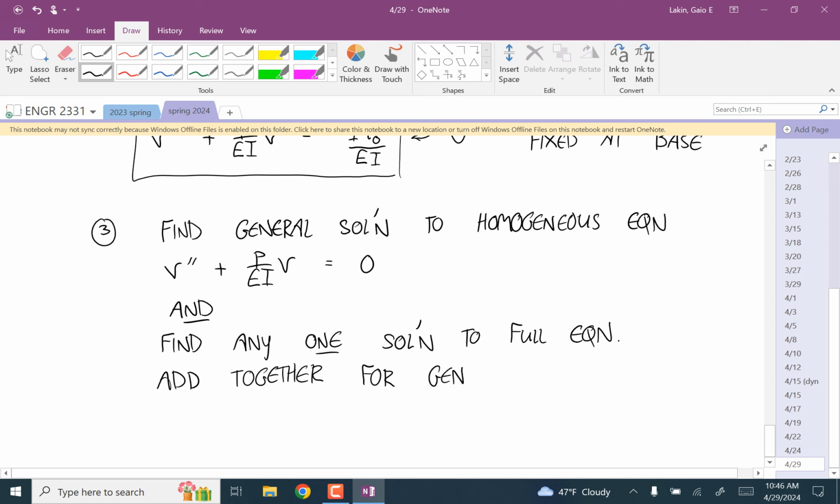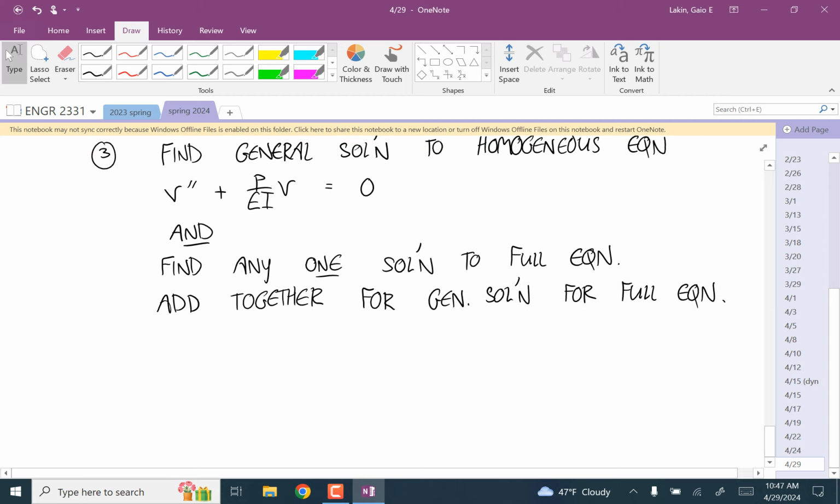And that gives you the general solution for the full equation. Okay, so I guess this is the last one we'll do. Let me just keep going through it. So think for a second, though, if you have any idea where to go with all this.